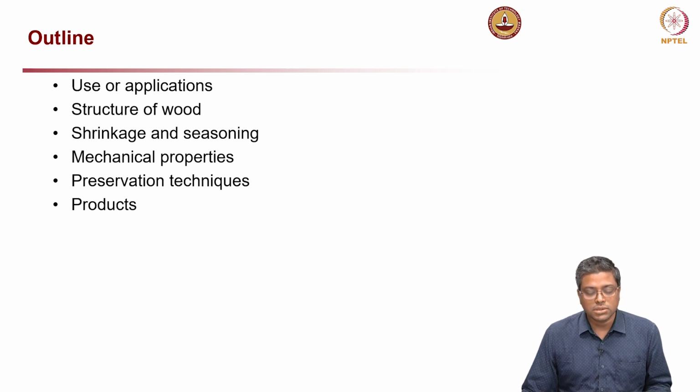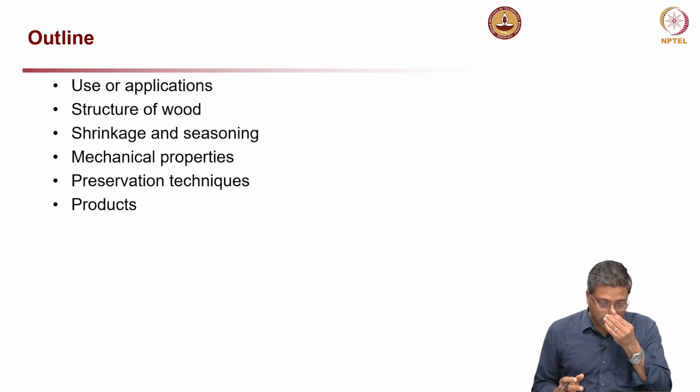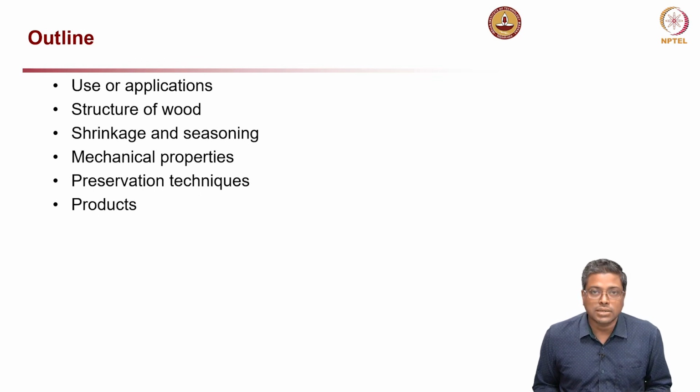One of the methods is seasoning. Then we will look at the mechanical properties of wood, and very briefly at preservation techniques. We will also look at a couple of products, and when we talk about those products, the damage mechanisms etc. will also be discussed.